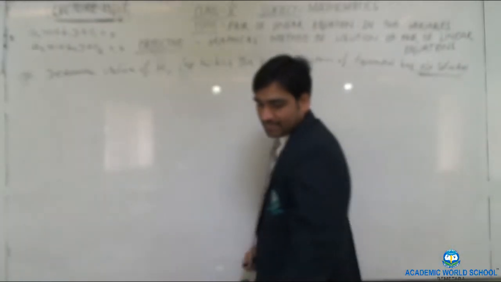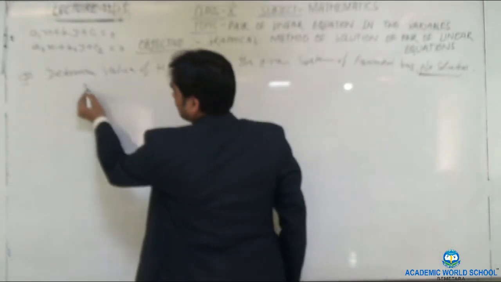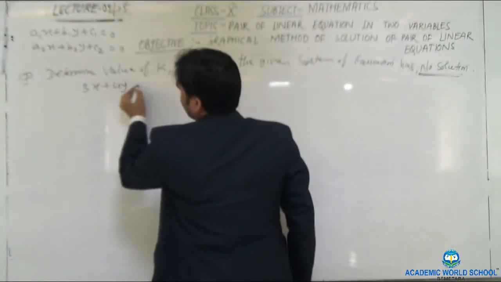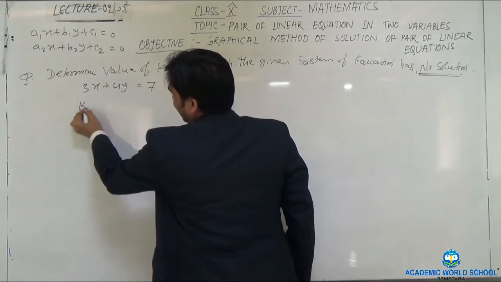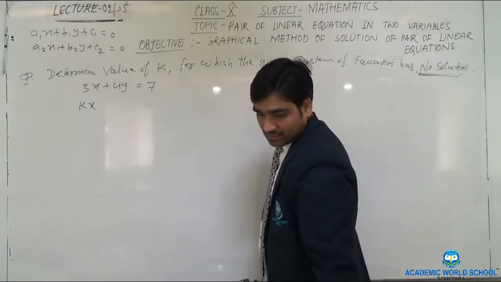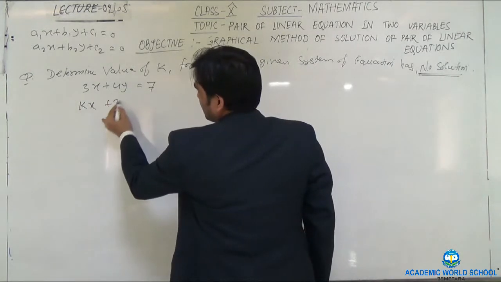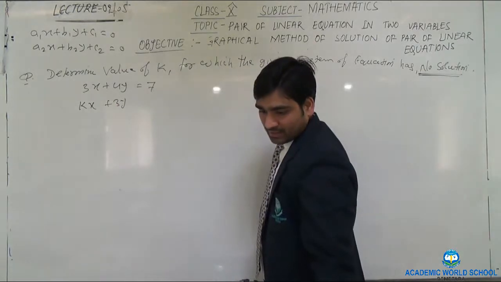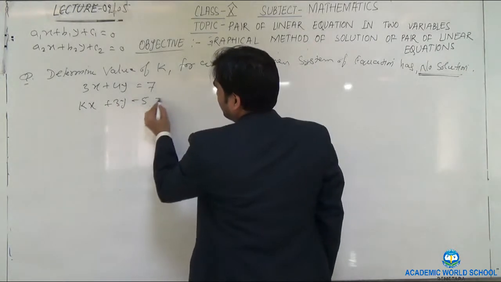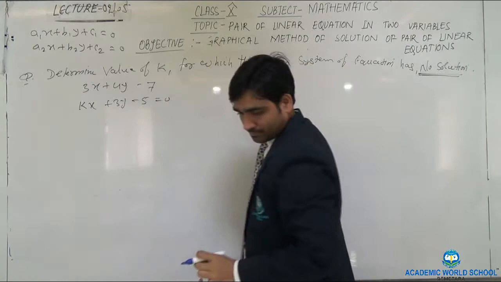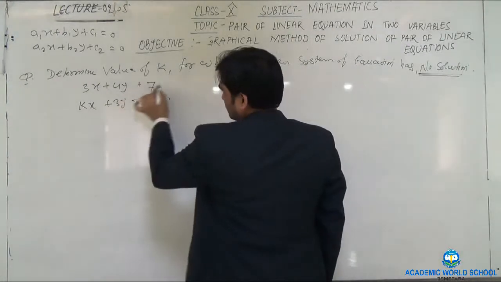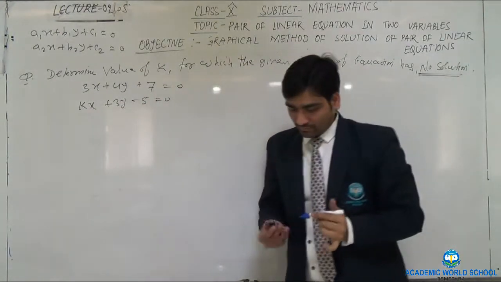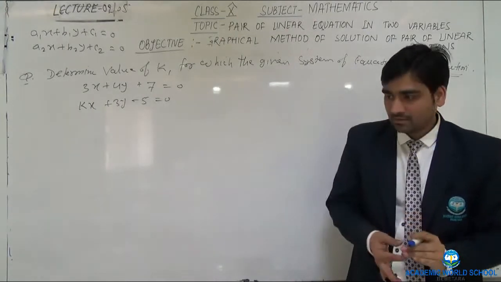The equations given are 3x plus 4y is equal to 7 and kx plus 3y minus 5 is equal to 0. Correct?